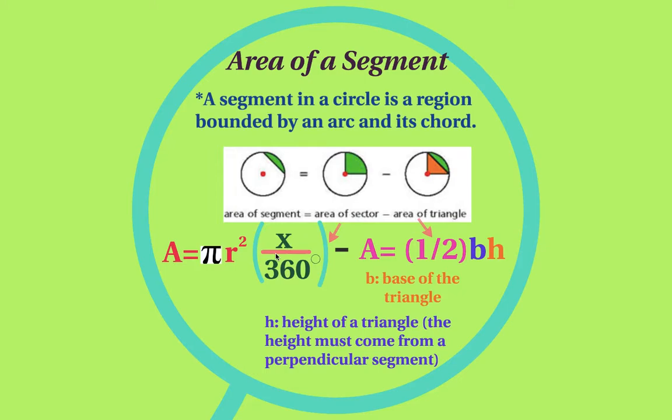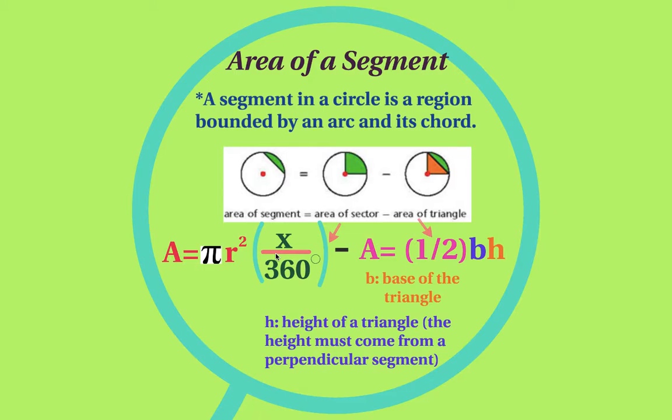Now we have to be careful with the height of a triangle. The height of a triangle must come from a perpendicular segment. If it does not come from a perpendicular segment, it is not an accurate height of the triangle. If our triangle doesn't have a perpendicular segment, which means intersecting another line or segment at a 90-degree angle, we're going to have to draw in our own perpendicular segment.